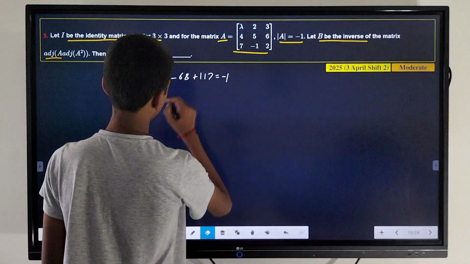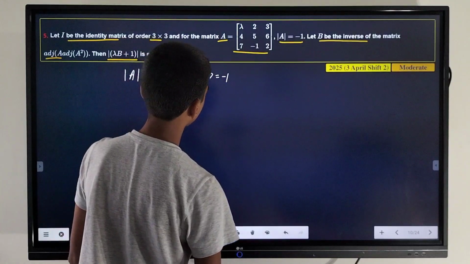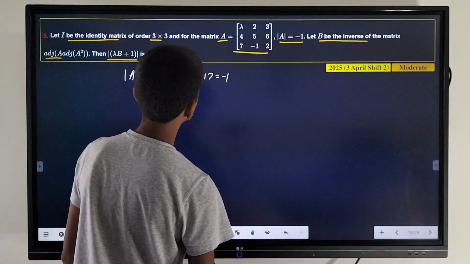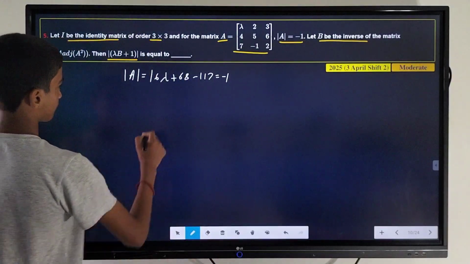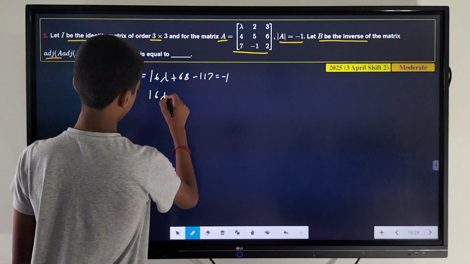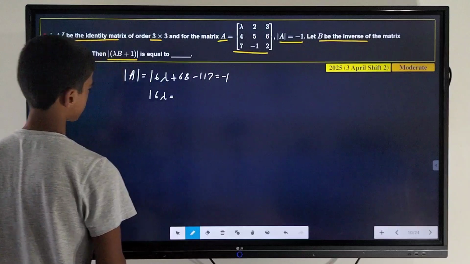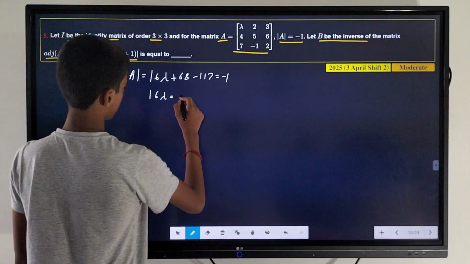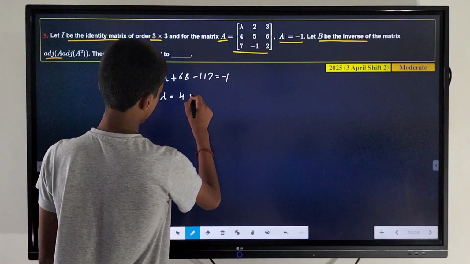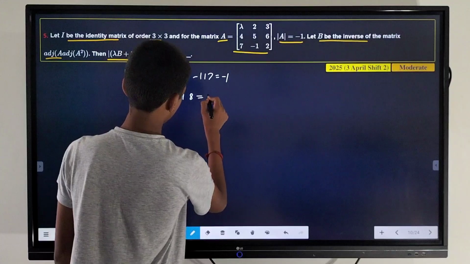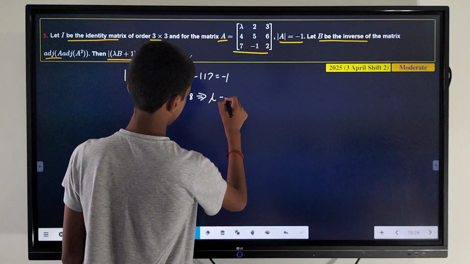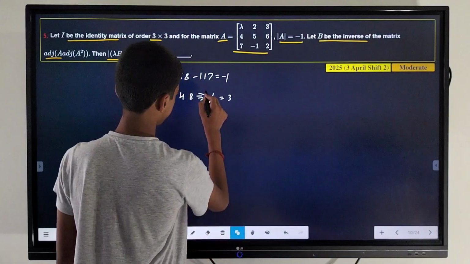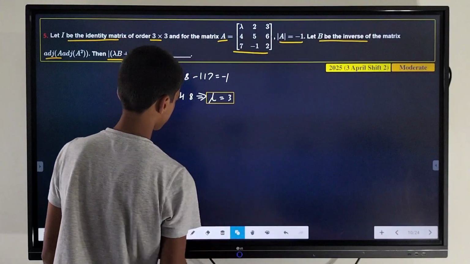So this it will be minus 117 and 8 minus 42. So this will be plus 68. From here 16 lambda is equal to 48. So from here our lambda is equal to 3.